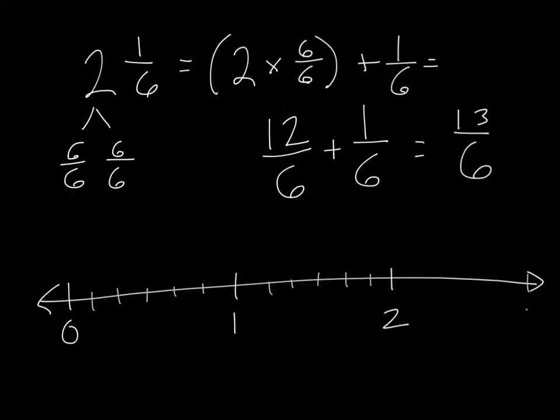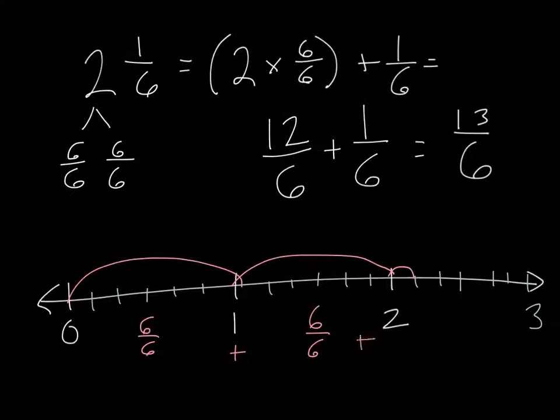And I can even put my 3 wholes over here so that I can break up this part of the number line as well. So you can see when I have 1 whole, 2 whole, and 1/6, if I break this down by fractions, it's 6/6 plus 6/6 plus 1/6, and together that all equals 13/6.